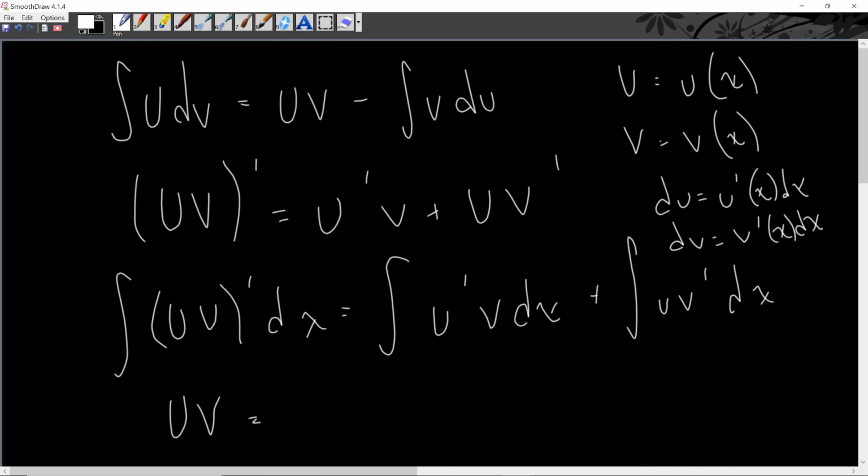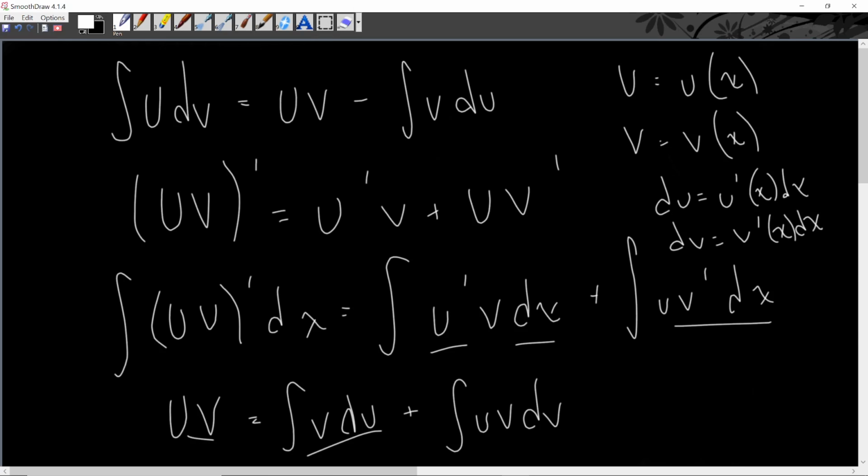So from here, this is equal to v du plus u dv, right, because this is v prime dx. And now once we subtract both sides by v du, you're just going to go straight back to here.